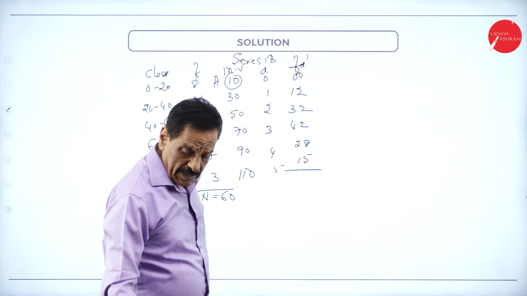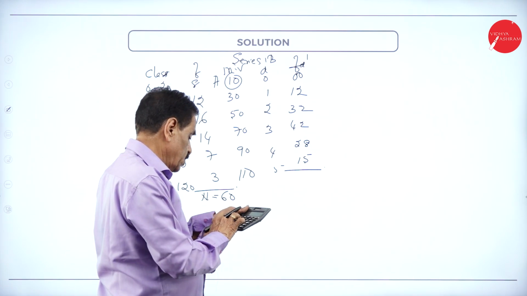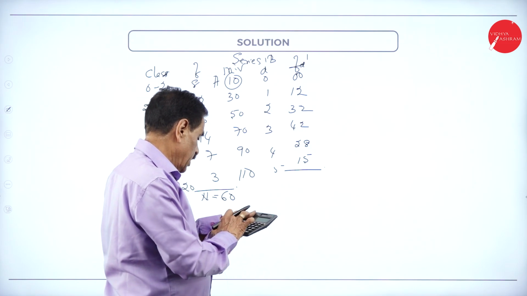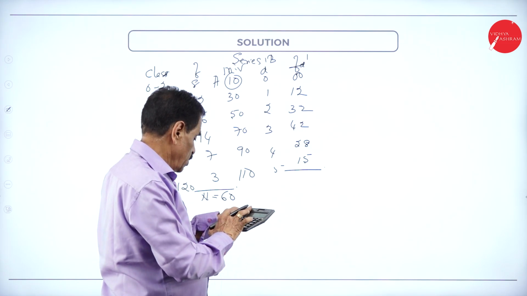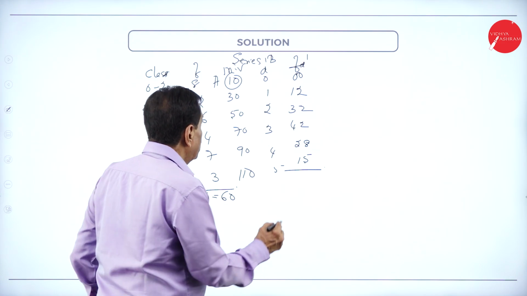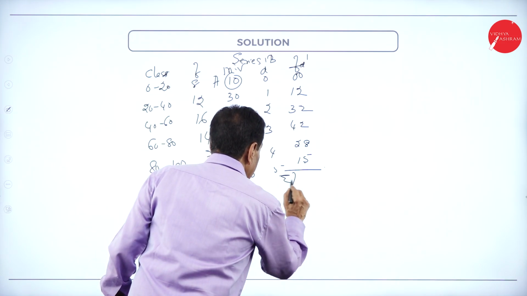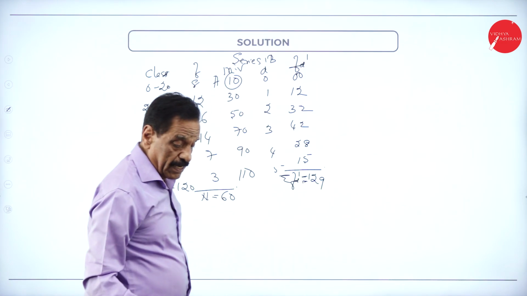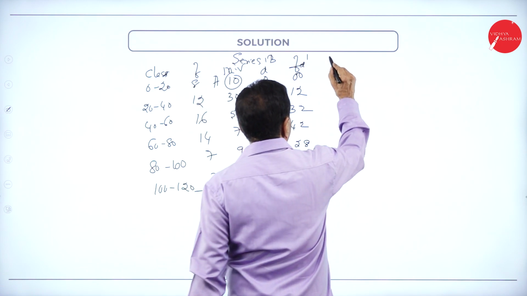This is 12 plus 32 plus 42 plus 28 plus 15, the summation is 129.